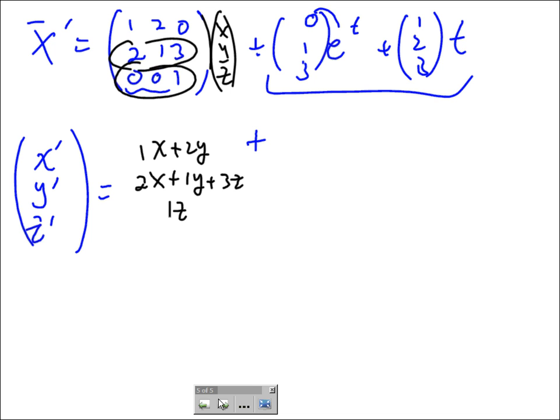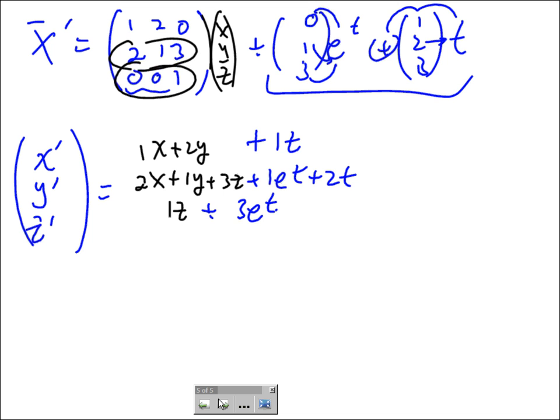You have 0t, which I won't write, 0e to the t, excuse me, which is 0, plus 1t. And then you have 1e to the t plus 2t's. And then you have 1z plus 3e to the t plus 3t.